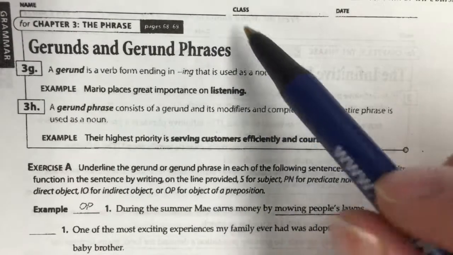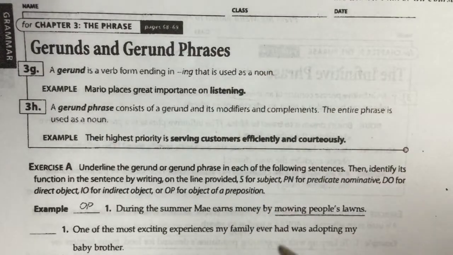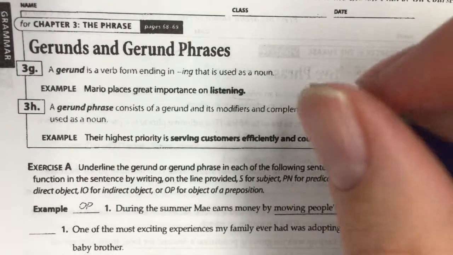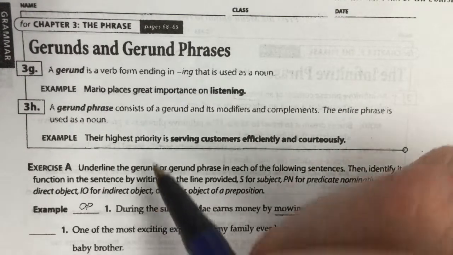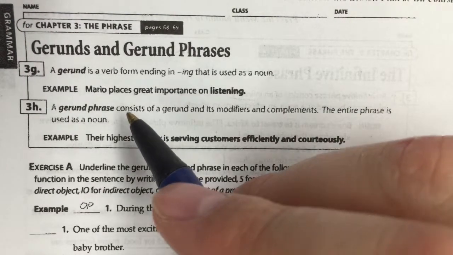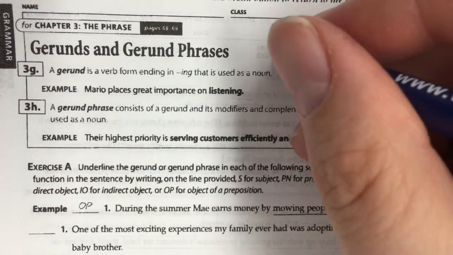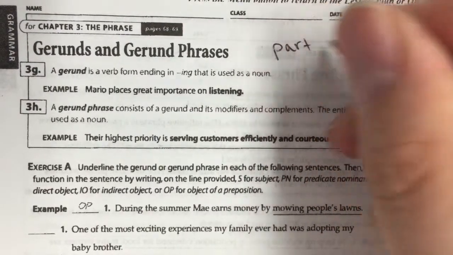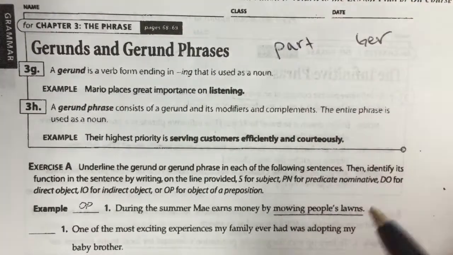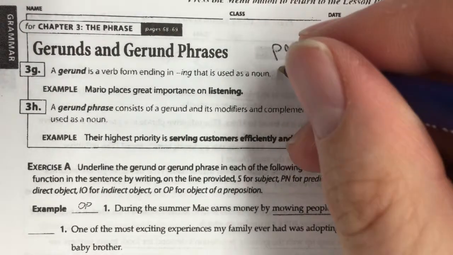Here's the deal with gerunds. They have to be used as nouns, and there's a little trick you can use. And you need this trick because there's another verbal that ends in -ing that you looked at yesterday called participles. So the difference between a participle and a gerund, and this would be a really good note, is that a participle is deletable.